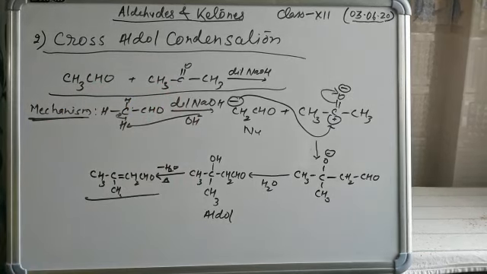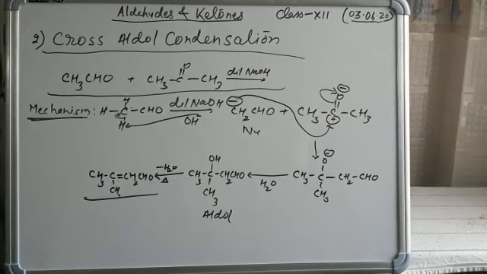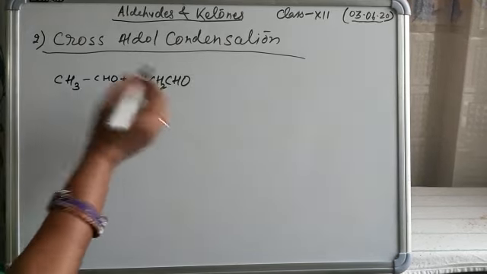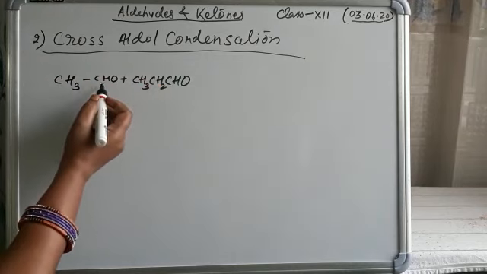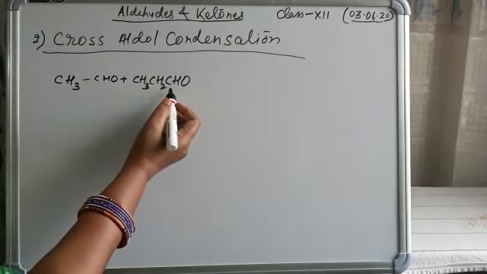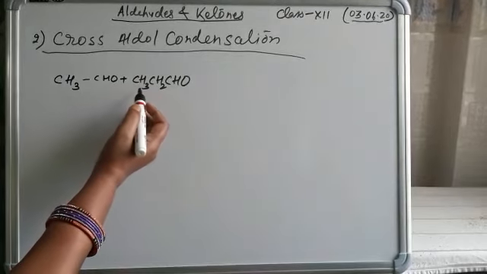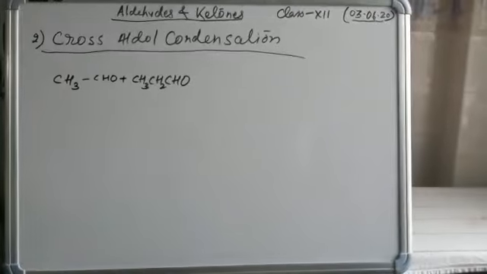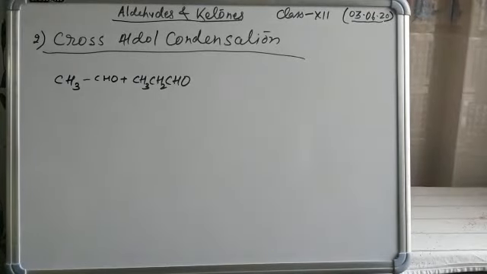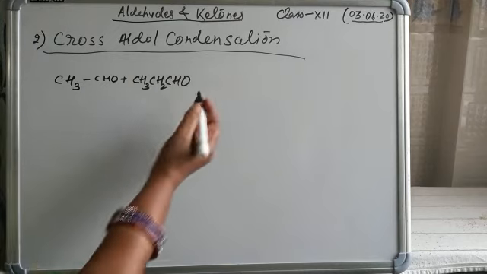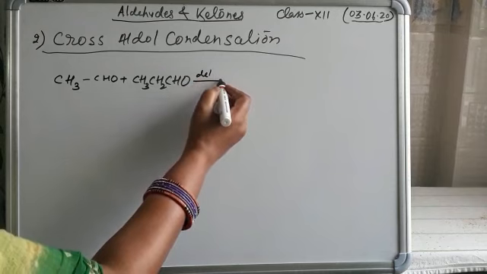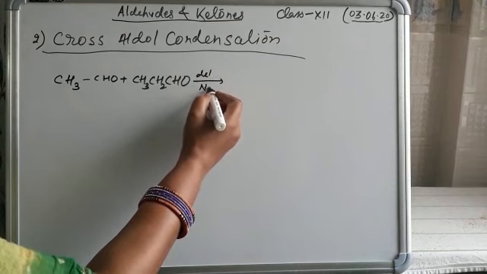See, what happens if we take two different aldehydes? Here is ethanal and here is propanal, and both of them contain alpha hydrogen. What happens when these two different aldehydes undergo aldol condensation in presence of dilute sodium hydroxide?